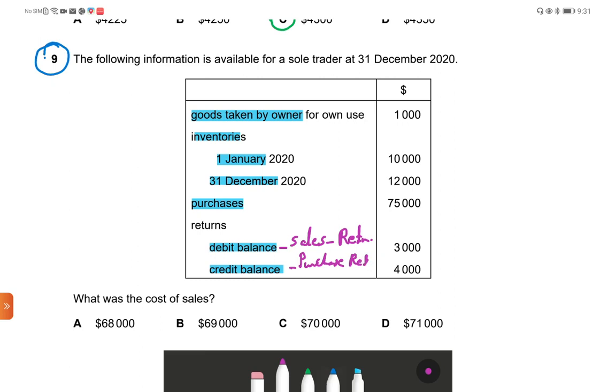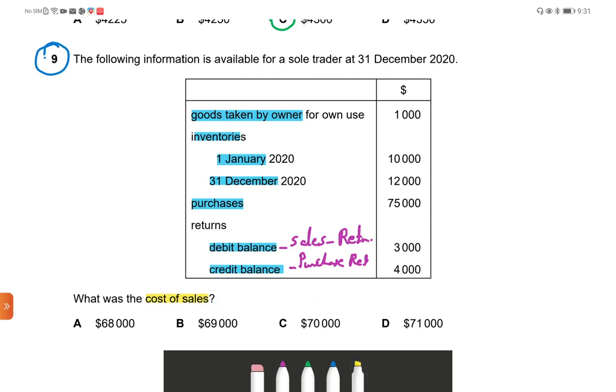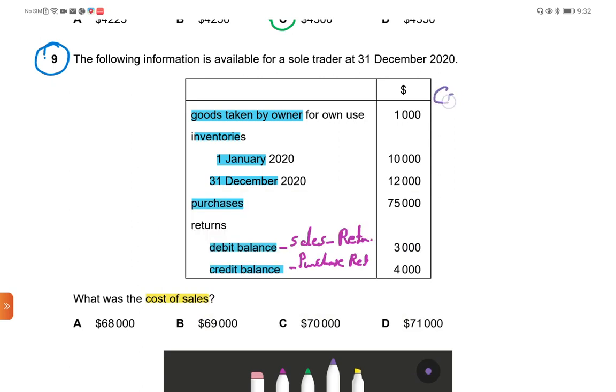What was the cost of sales? The question is, we have to find the cost of sales. What is the equation to calculate cost of sales? Cost of sales is equal to opening inventory plus net purchase minus closing inventory.